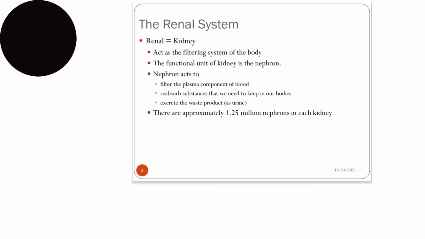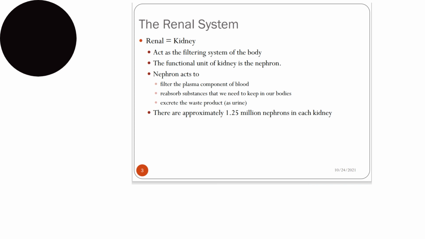We call it a nephron. I will show you the anatomical structure of the nephron. There are millions of nephrons in both kidneys. The basic function or role of the nephron is first to filter the plasma component of the blood.